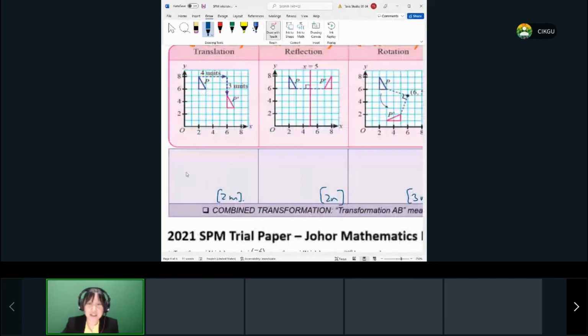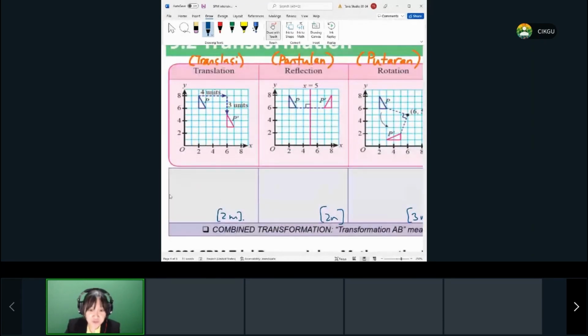Now translation, if they ever ask you to explain, first of all, mentioning the word translation gives you 1 mark. The second mark is given by the movement. The movement we always write in column vector form. Always write the horizontal movement first. Go to the right means positive. Go to the left means negative.